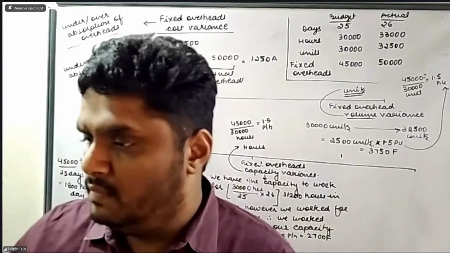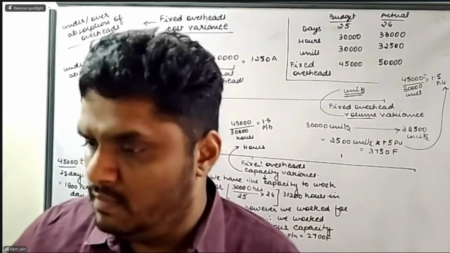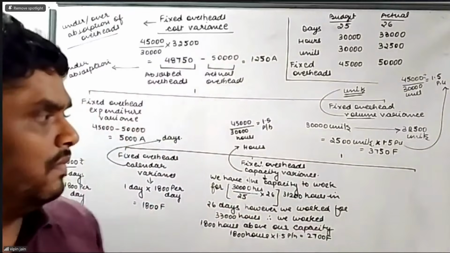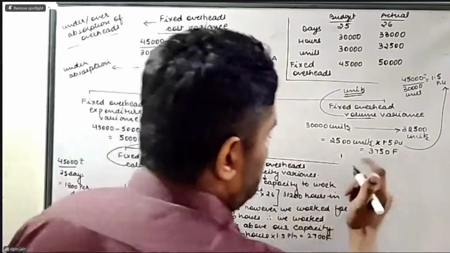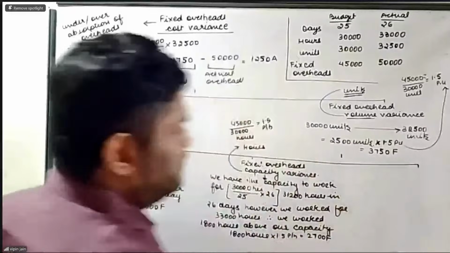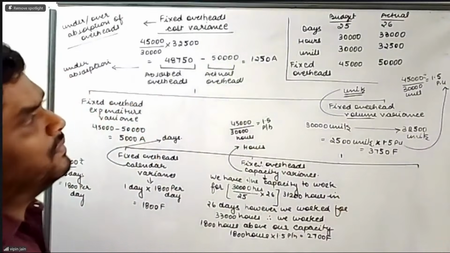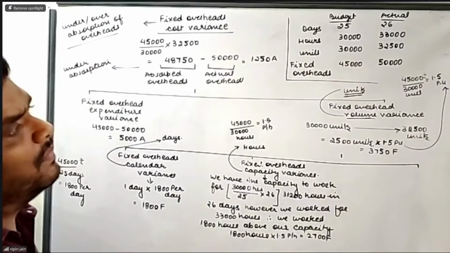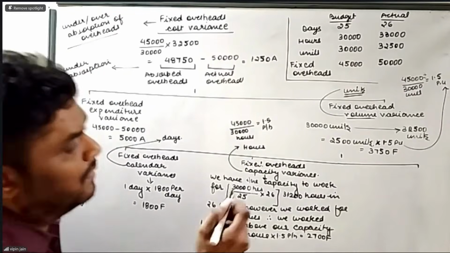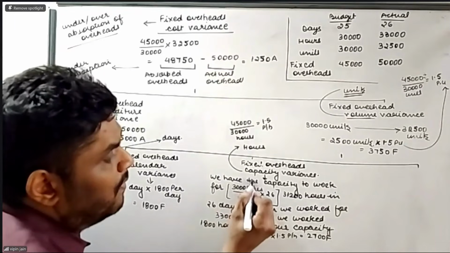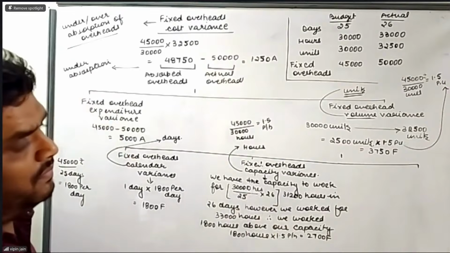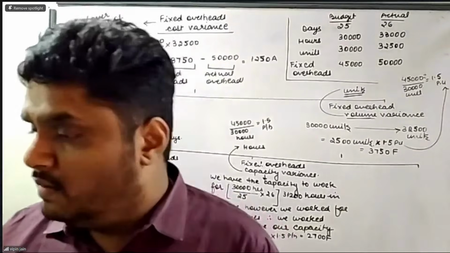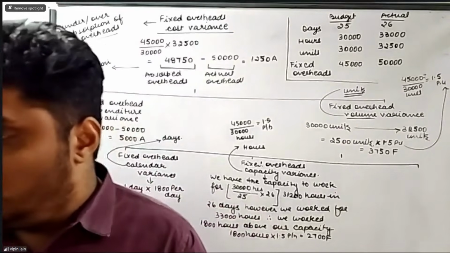No, sir, clear. Actually, on the cost variance, sir, I'll simply tell you in a brief way, you just tell me whether it is correct or not. Coming to cost, fixed overhead cost variance, we are bringing that 30,000 hours to equalize, and then we are comparing.